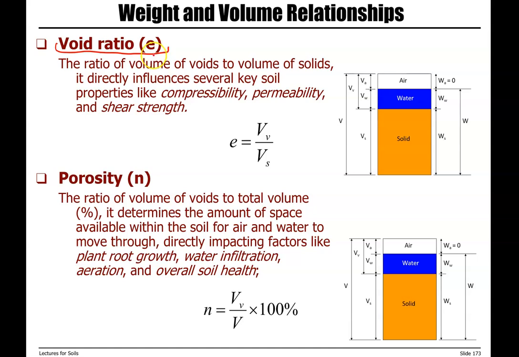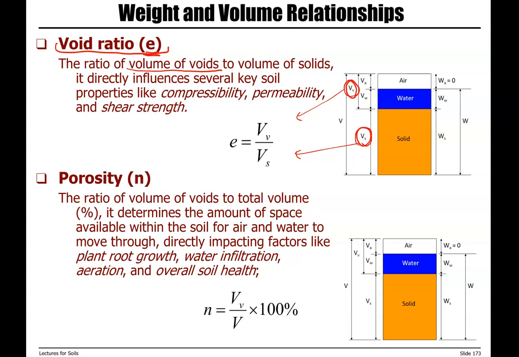An example is void ratio. We use lowercase e to show void ratio. Void ratio is the ratio of volume of voids divided by volume of solids. It's how much void there is between the solid particles.